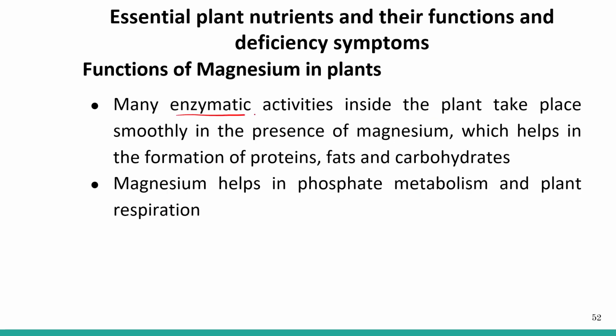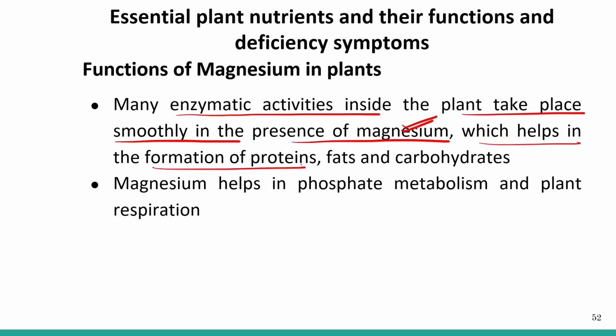Many enzymatic activities inside the plants take place smoothly in the presence of magnesium. So there are so many enzymatic activities, right, that require the presence of magnesium ion, which helps in the formation of protein, fats and carbohydrates.